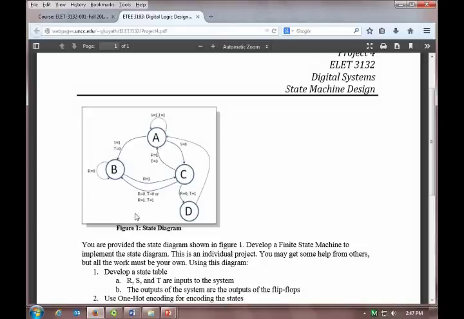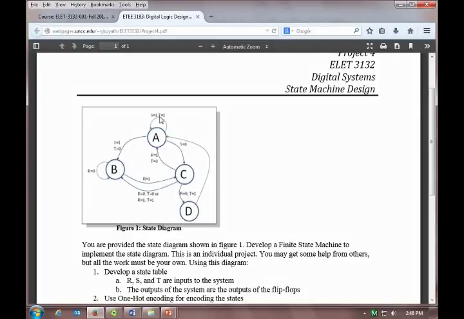This is too, actually. I say OR when it is OR. So this one says if R is equal to 0 and T equals 0, or if they're both equal to 1. This one just says R is 1. This one says R is 1 and T is 0. As you're putting these into the table, you'll start seeing that these basically got to be different or it might take you to the wrong state.